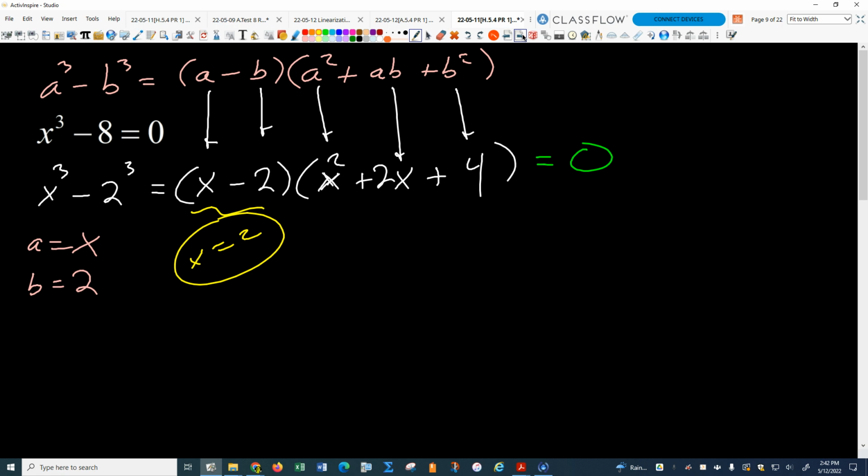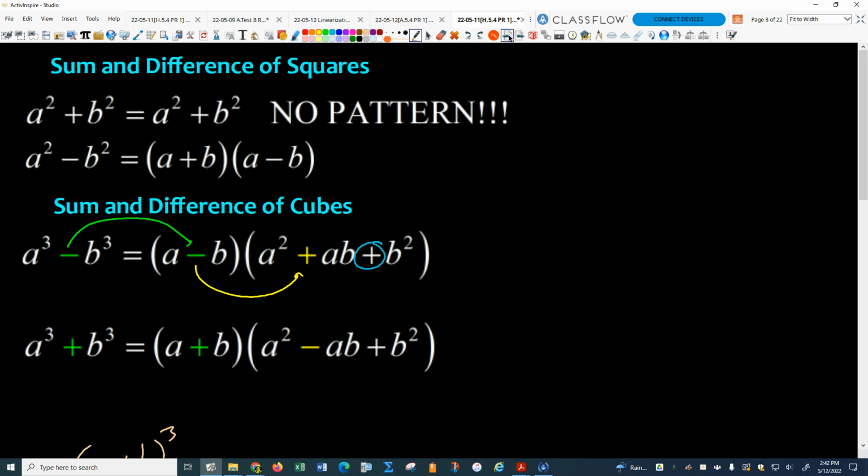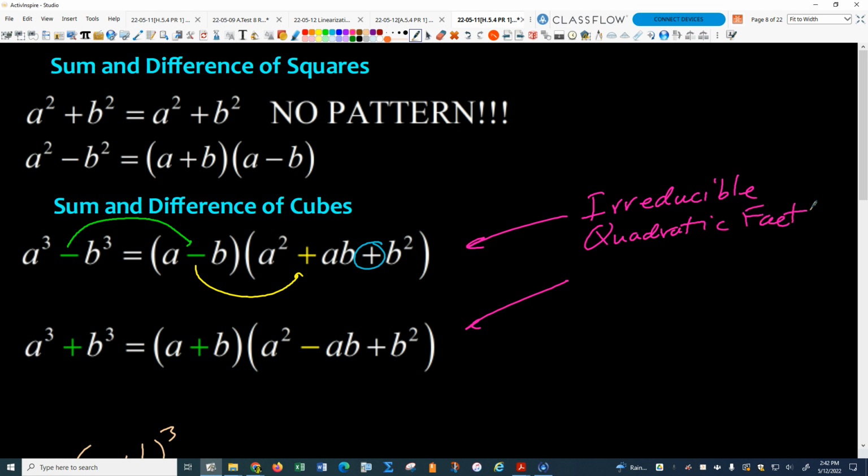When we use these sum and difference of cubes patterns, no matter what, every time, the quadratic factors, the trinomials, are always going to be irreducible quadratic factors. Which means they will never factor and they will always give us back imaginary solutions.